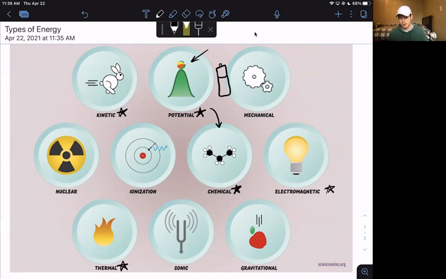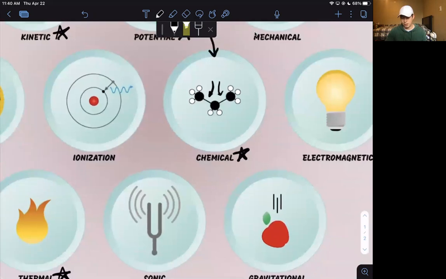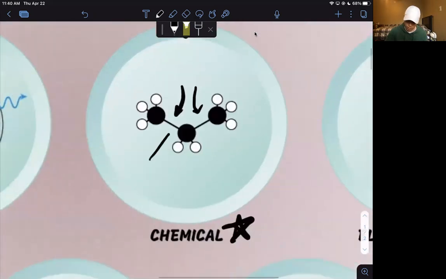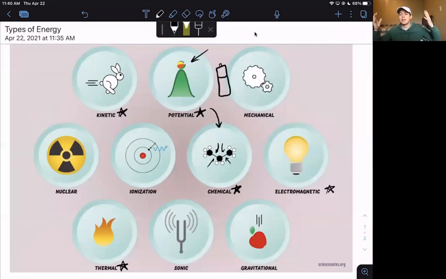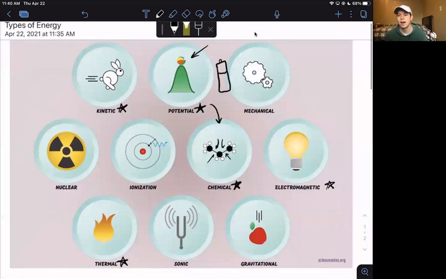Chemical energy is the energy stored in chemical bonds. So again, that's usually referred to as a type of potential energy. Bonds store energy. You can see that they show the bonding here very clearly. Breaking those bonds releases energy. Forming those bonds stores energy. The most common example that you've probably seen in your daily life is food.